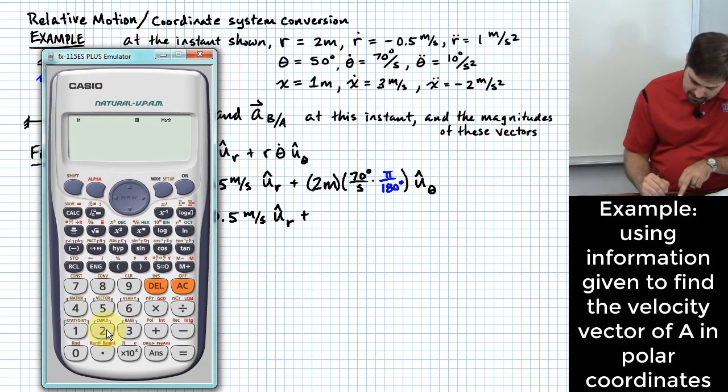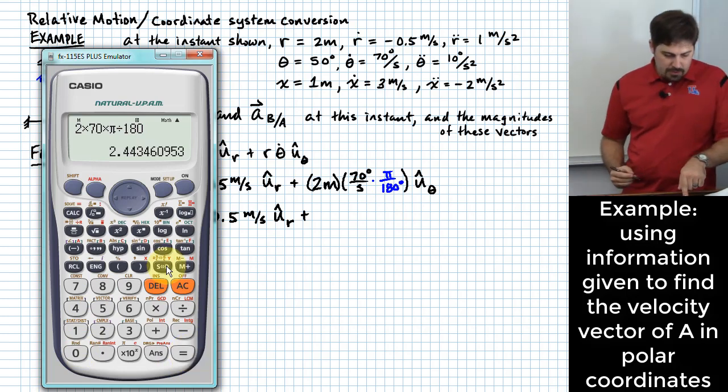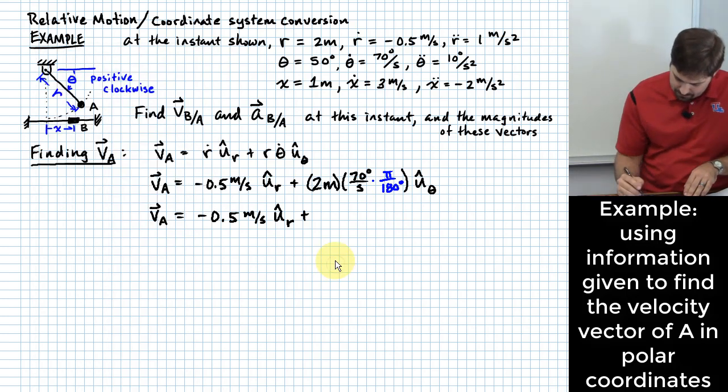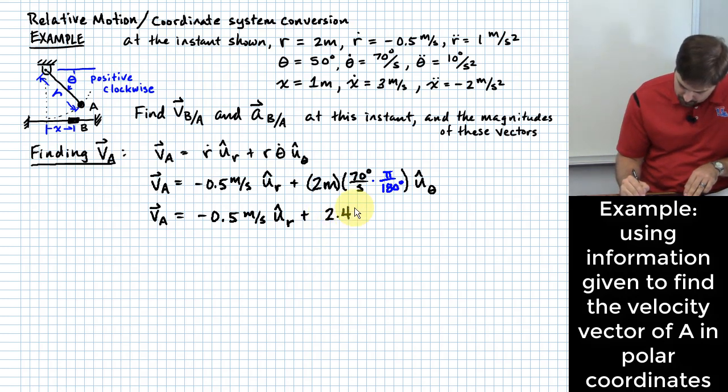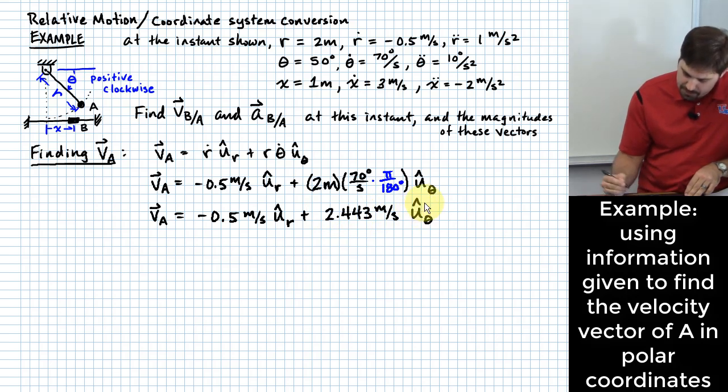I've got 2 meters times 70 times pi, divided by 180. Which gives me 2.443. And that would also be in meters per second. This would be multiplied by that unit vector in the transverse direction.